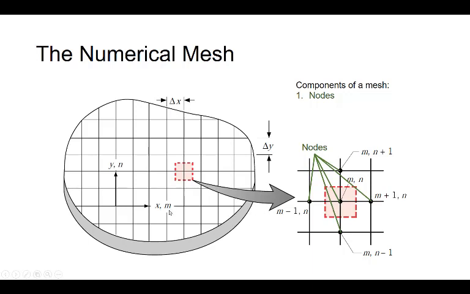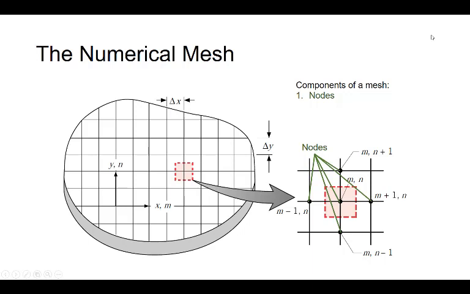We use the variable m and the variable n to count the nodes in each direction. Thus, the node to the right is the m+1 node. The node to the left, the m-1 node. The node above, the n+1 node. And the node below, the n-1 node.